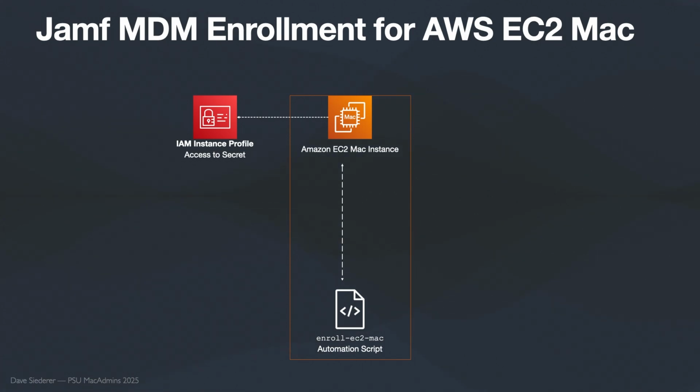Identity and access management is basically what keeps resources in AWS secure, from access to another resource or not. I gave this particular instance the permission to read this secret, and that secret is, in this case, credentials for the local instance and also credentials for my Jamf server, specifically the API.